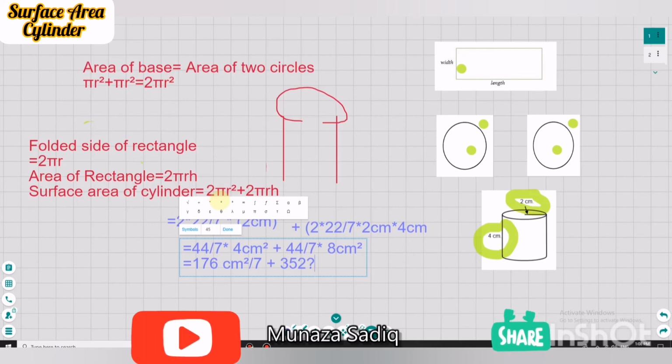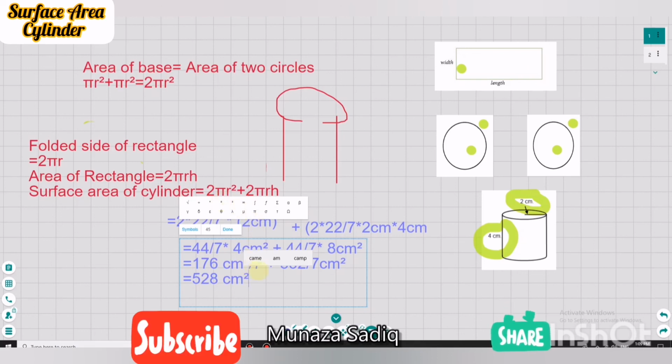Next step we will add these, and this one is fractions addition, and we can add because both denominators are the same. Suppose if the denominators are not the same, first we need to make the denominators the same. 176 plus 352, 528 square centimeter divided by 7. 528 divided by 7, in the end you can divide.